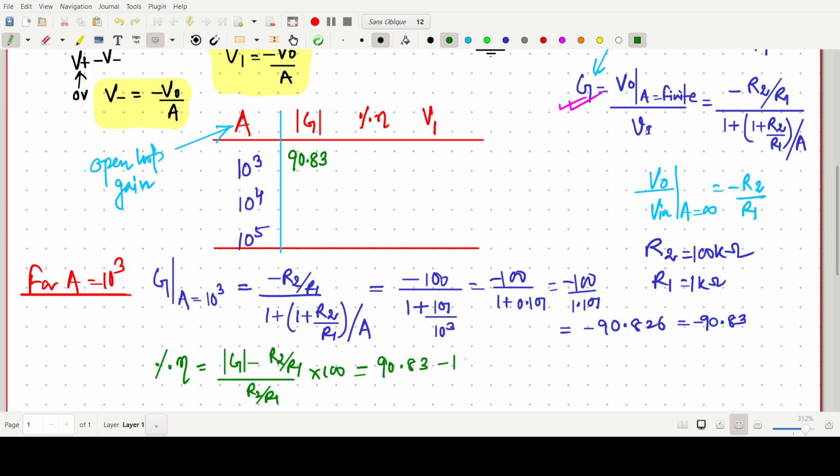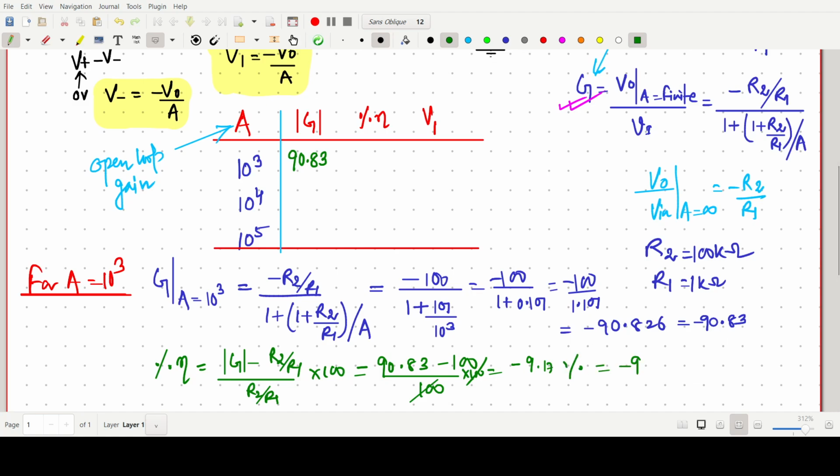R2 by R1 is simply 100, so it is 100 by 100, and if the 100 cancels, it should be minus 9.17 percentage.